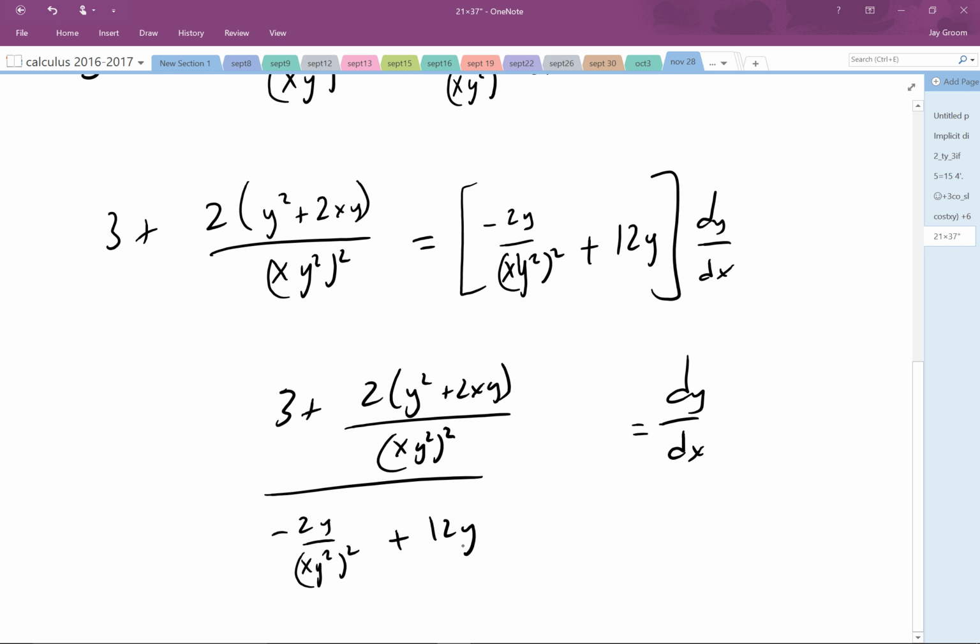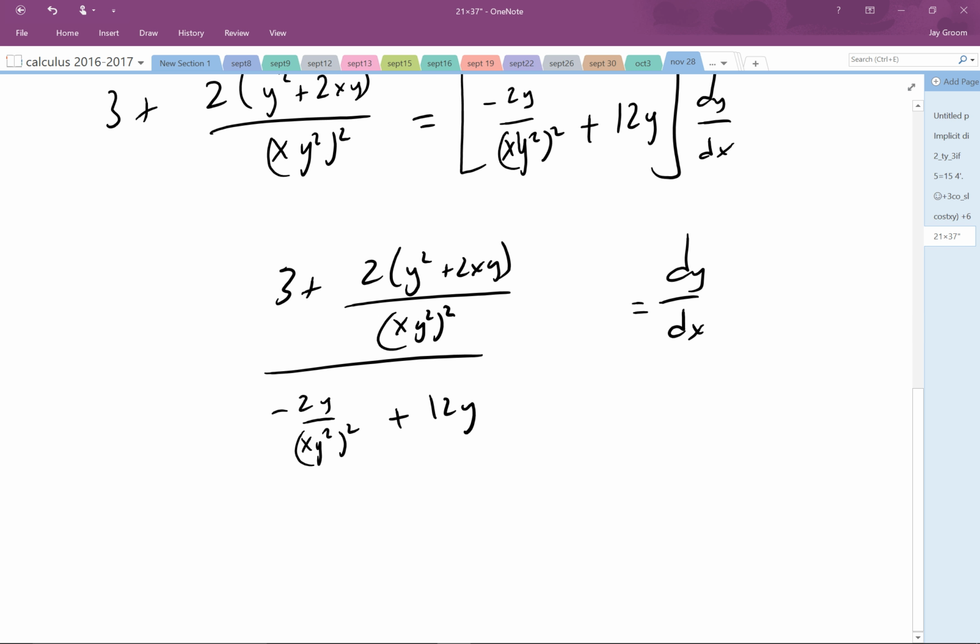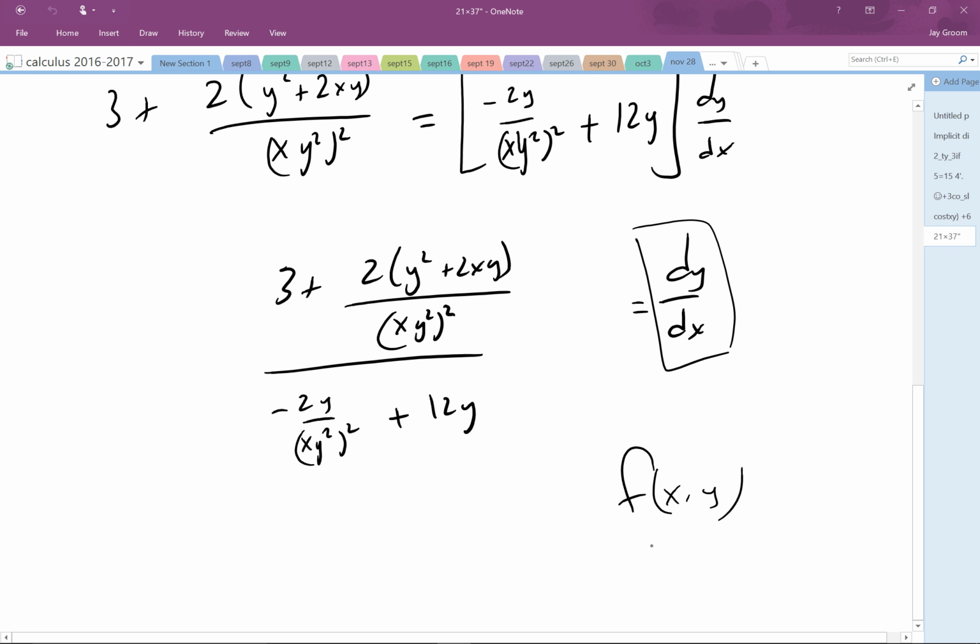Ta-da! Again, I would like to point out that our function dy dx is not a function of just x, it's a function of x and y both. Meaning when I want to go find the slope, I'm going to need to know not just an x coordinate, but a y coordinate as well. So, good luck with that, and we'll see how you fare.